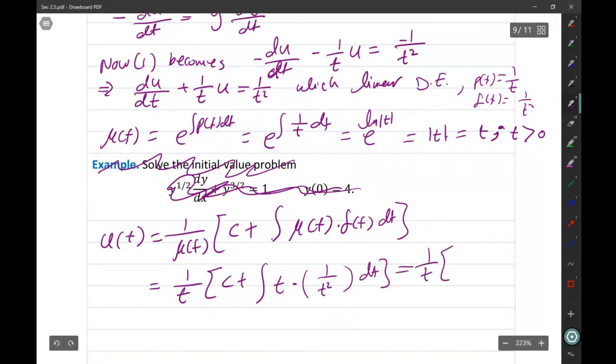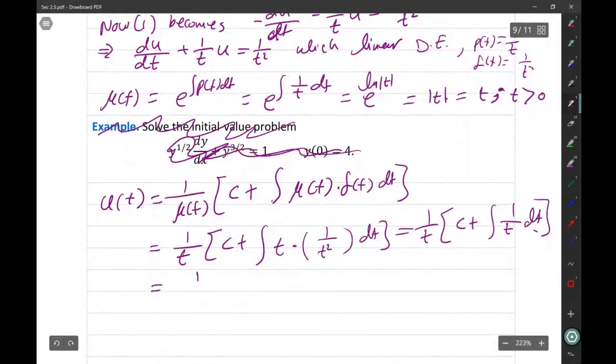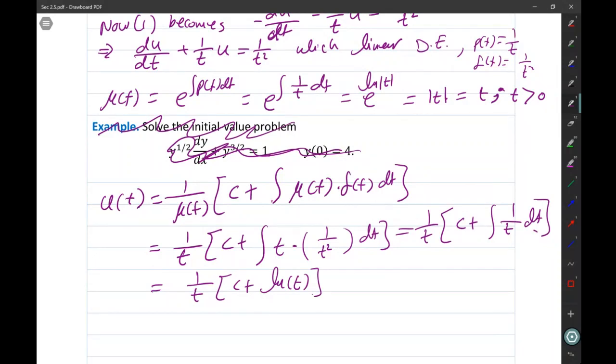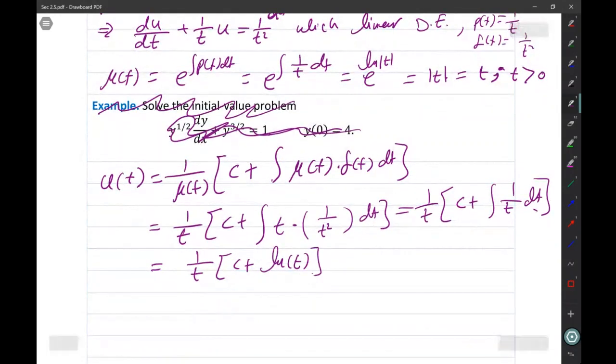Well, that becomes 1 by t times c plus integral 1 by t dt, which is equal to 1 by t times c plus ln of t, because we assume t is greater than 0. And this becomes c over t, or c plus ln of t divided by t.